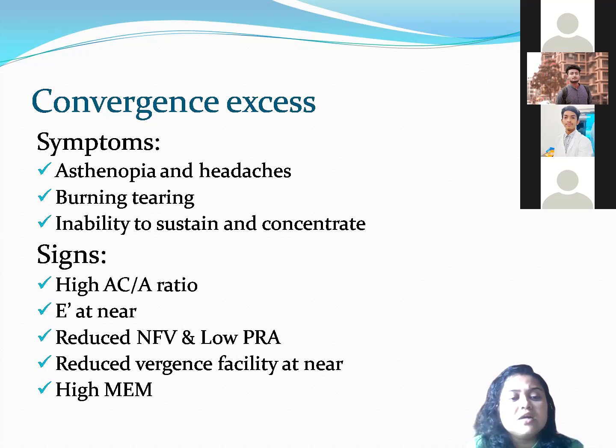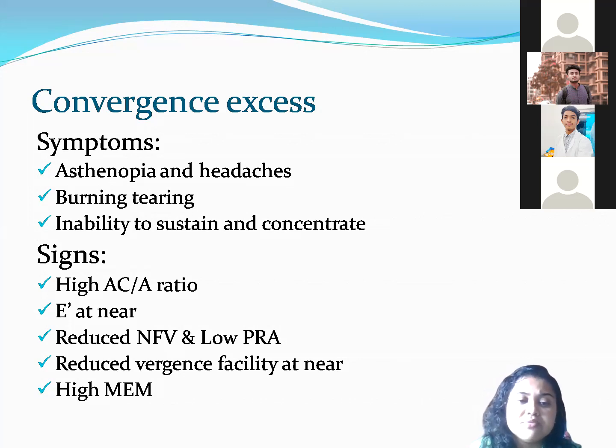In convergence excess, the patient will have a reduced negative fusional divergence because the patient cannot diverge properly. So there will be a reduced NFD, and also there will be a low PRA.